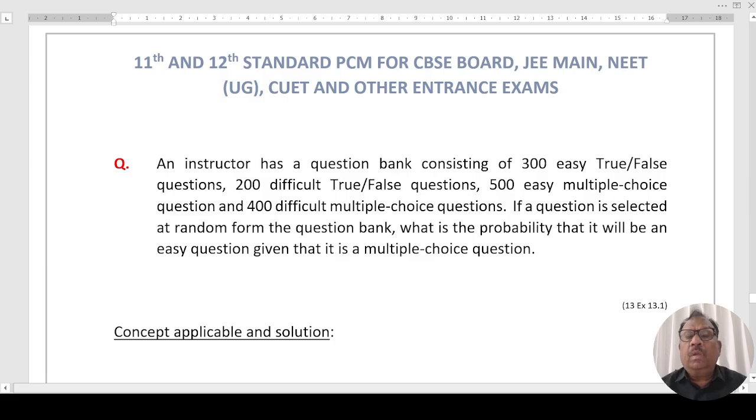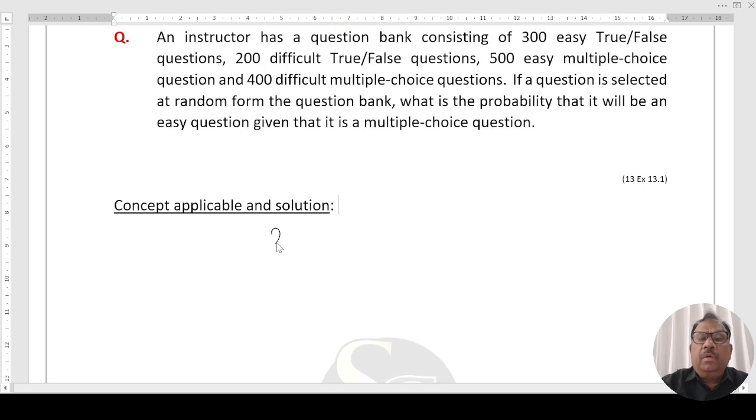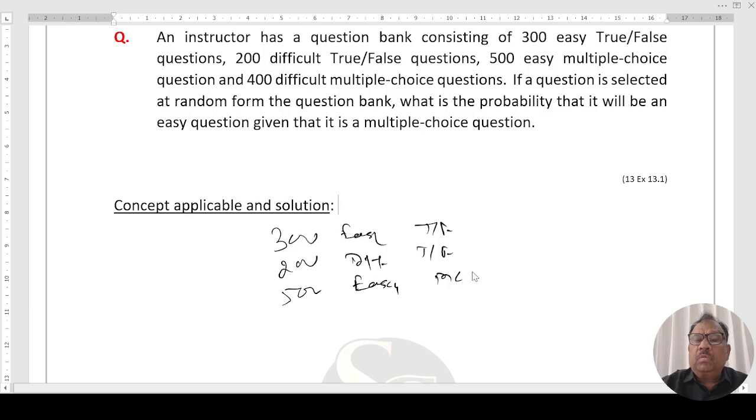The question is: an instructor has given a question bank consisting of 300 easy true false, 200 difficult true false, 500 easy MCQs, and 400 difficult MCQs.